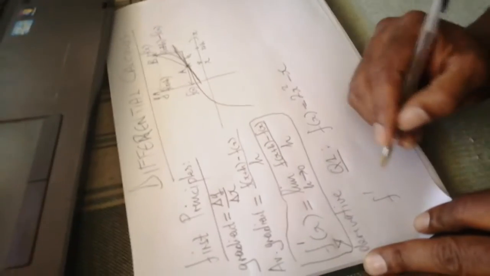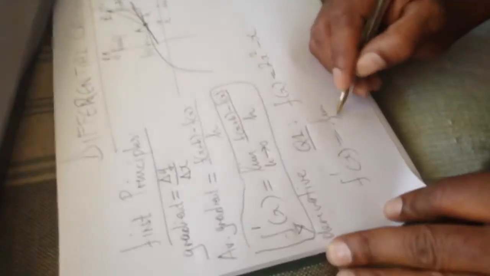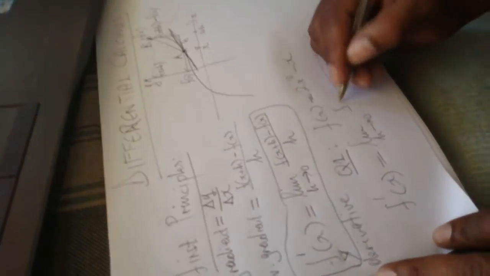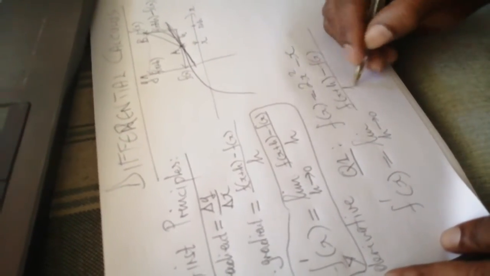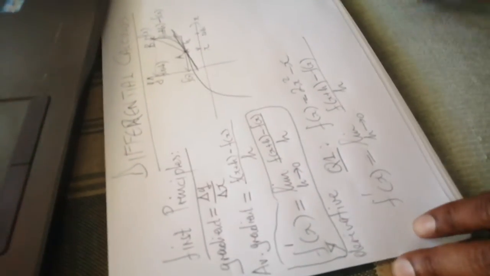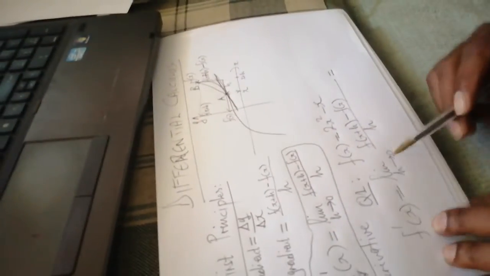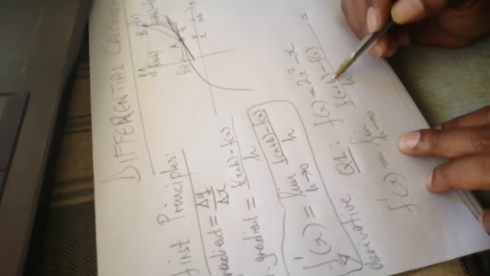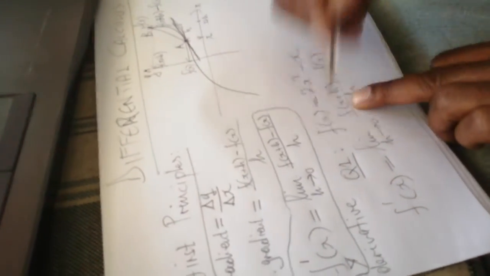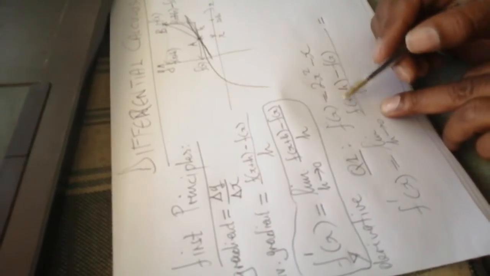And we know that f dash x is given by the limit as h goes to 0 of f of x plus h minus f of x over h. Then in functions, f of x plus h basically means that you are using x plus h as the domain in function f, which means that wherever I see x, I'm going to replace it with x plus h.